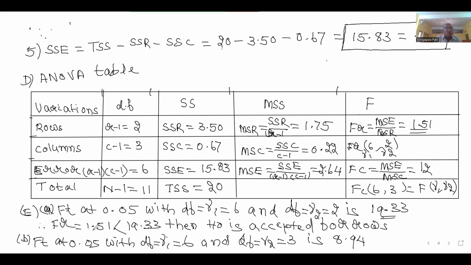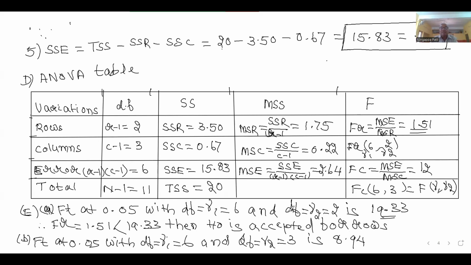FR is equal to 1.51 and the table value is 19.33. 1.51 is smaller than 19.33, so H0 is accepted for rows. Suppose FR comes 25, then 25 is greater than 19.33, then H0 is rejected for rows.